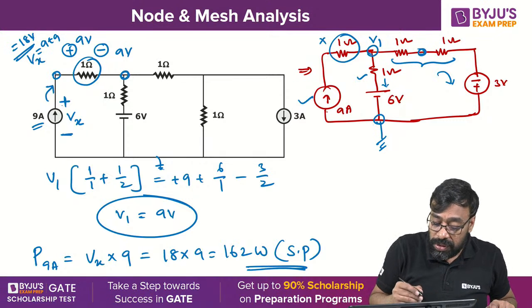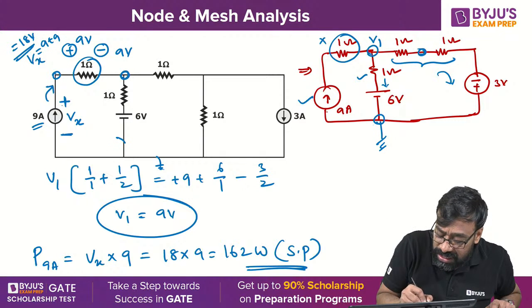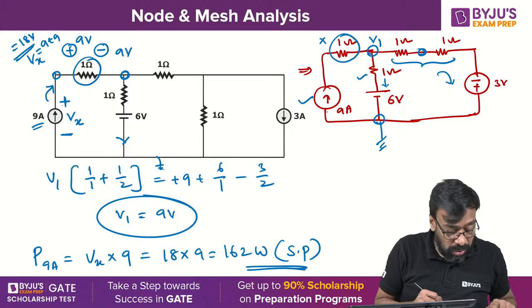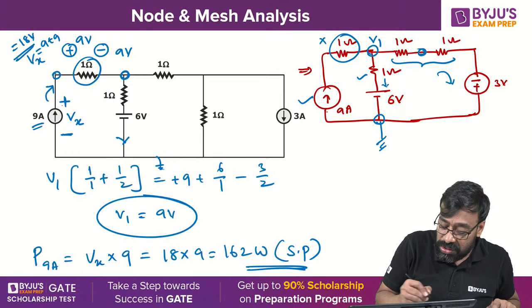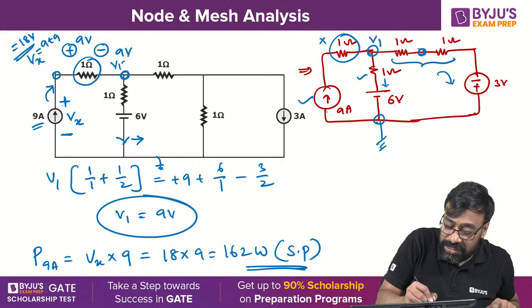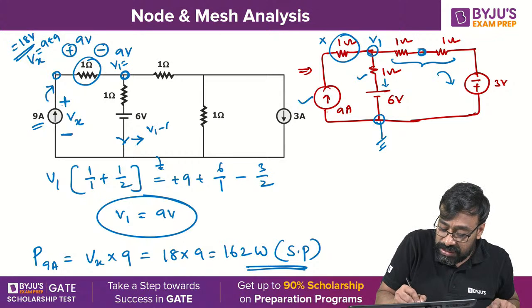Okay. Now, what about the power of this particular element? You must know the current flowing through this. What is the current flowing here? This is V1, right? V1 is equal to 9, right? V1 minus 6 by 1. That means 9 minus 6 by 1, nothing but 3 amperes.